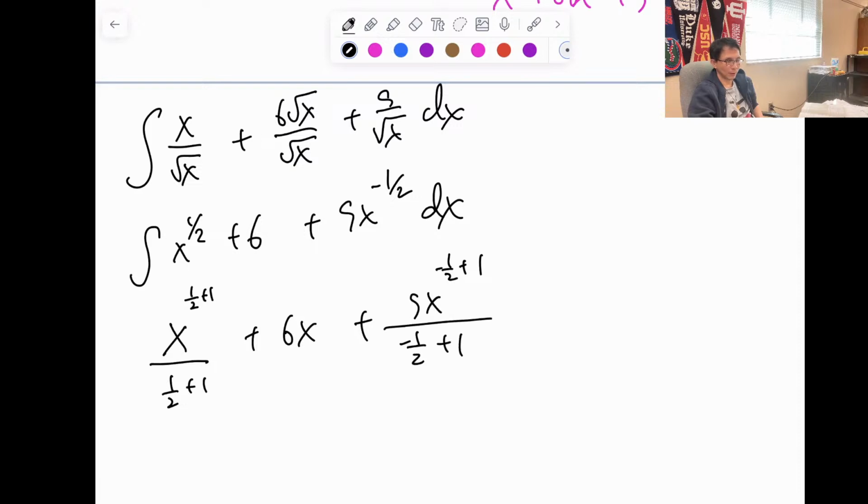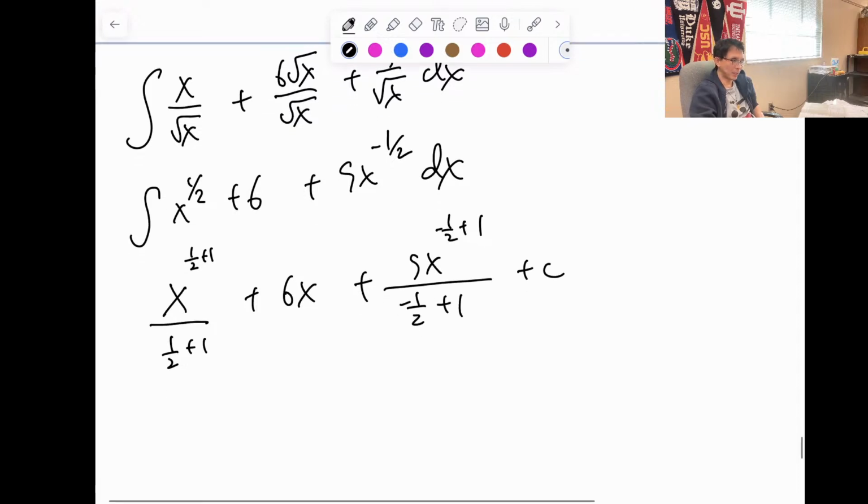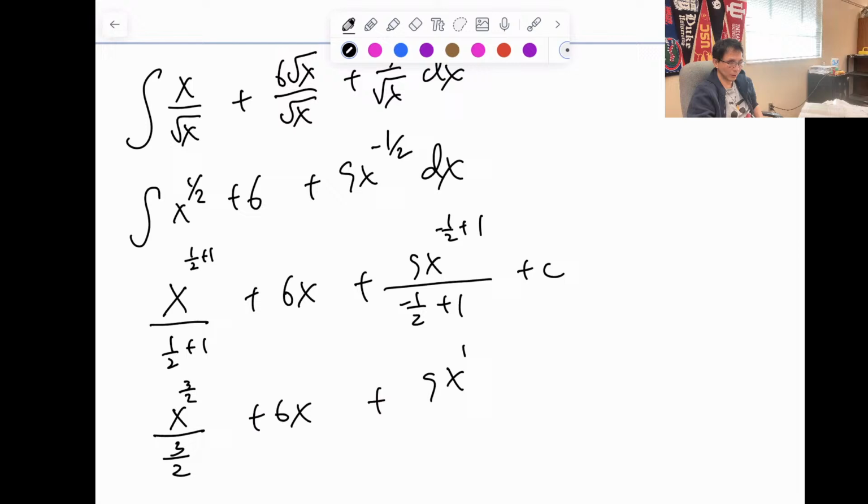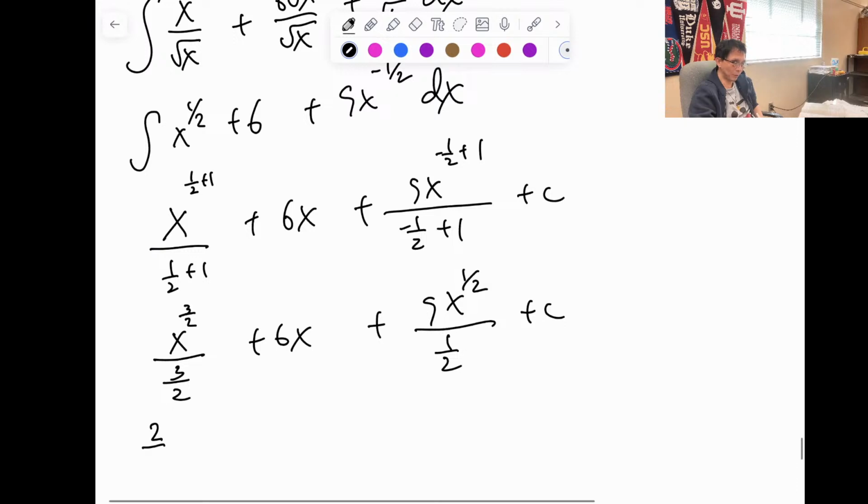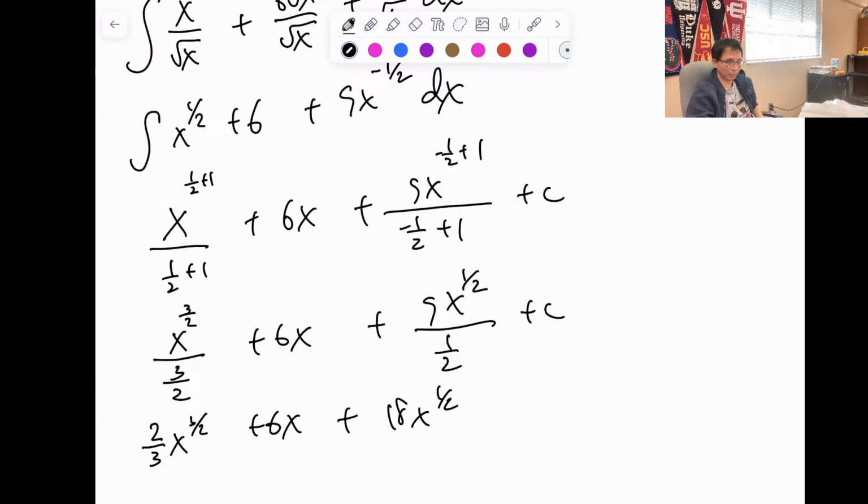This one's going to be x to 3 over 2 over 3 over 2. I'm going to do keep change flip, so that'd be 2 over 3 x to 3 over 2 plus 6x plus 18x to the 1/2 plus c.